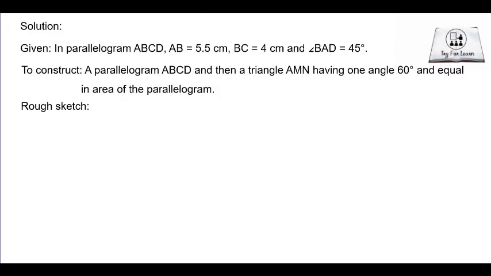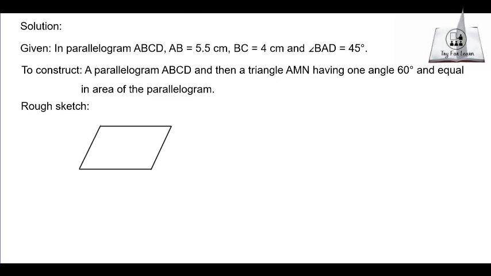Rough sketch. First of all, here we have to draw parallelogram ABCD. This is a rough sketch, so by using scale and pencil, you can simply draw the parallelogram without any measurement. The shape should be like a parallelogram.